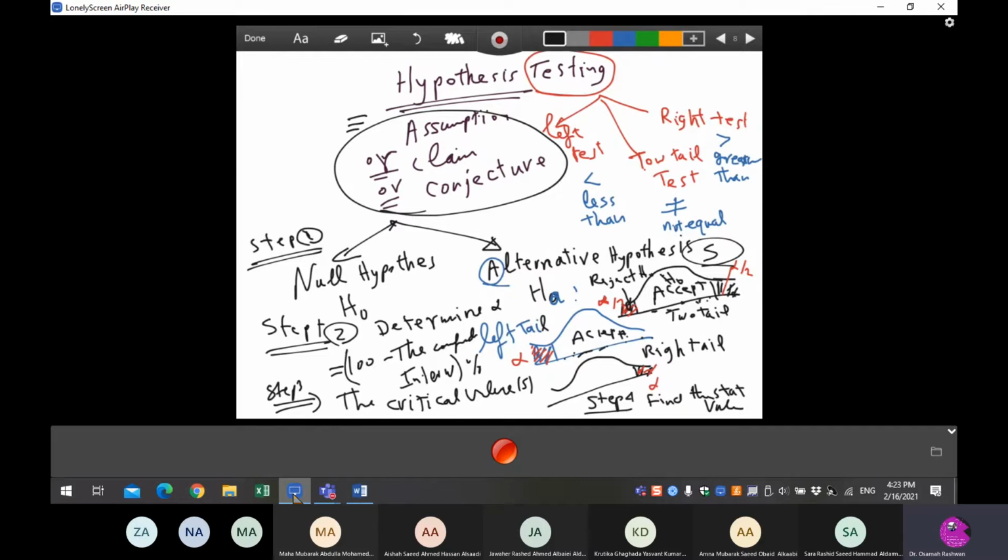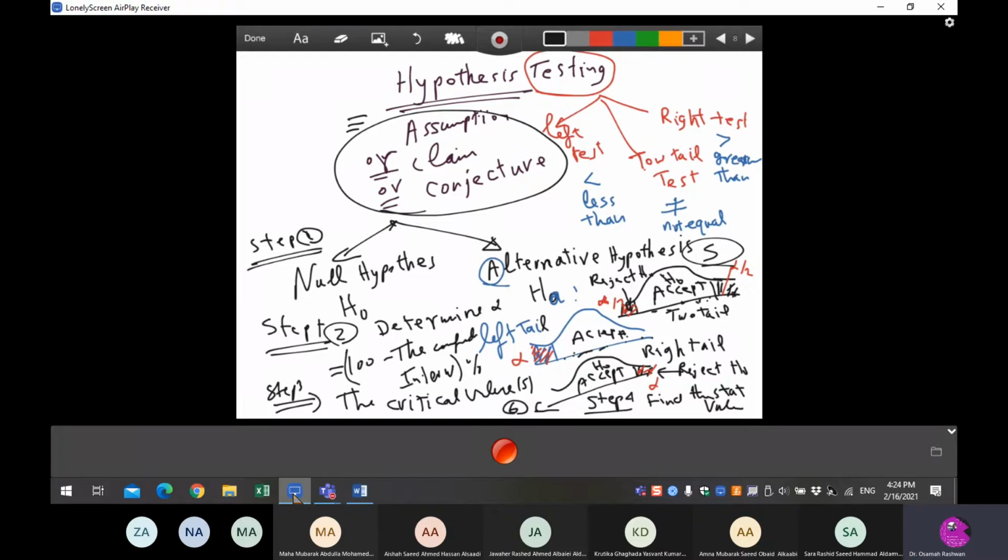Here also you reject H naught. But as you come in here, accept H naught. Once you know you are going to reject or accept, you write the summary afterwards.